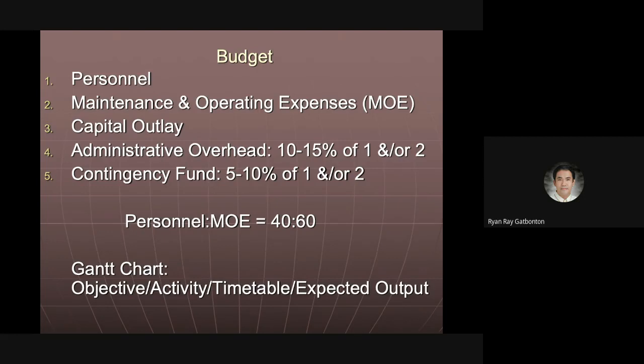What are those? For example, meron kayong pamasahe na hindi ninyo na emergency, mga pamasahe na kailangan nakataksi kayo.